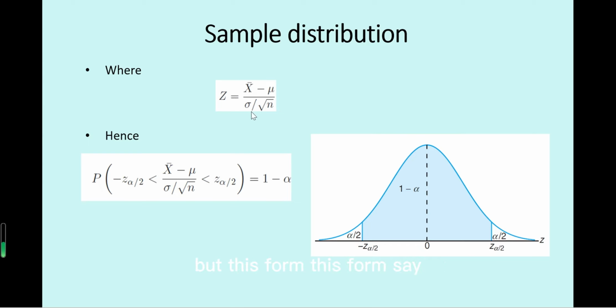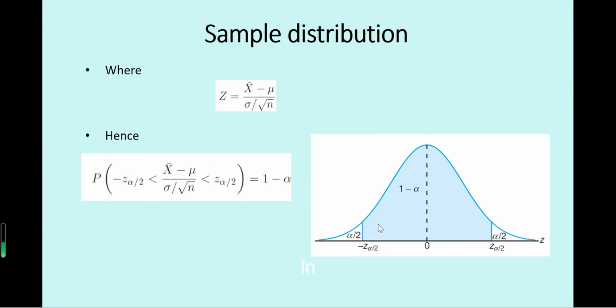This has a standard normal distribution, so we can write that x bar minus mu divided by sigma over the square root of n is between minus z of half alpha and positive z of half alpha, with probability 1 minus alpha. If alpha is 0.05, z of half alpha is 1.96, so this is minus 1.96, and the probability is 0.95.